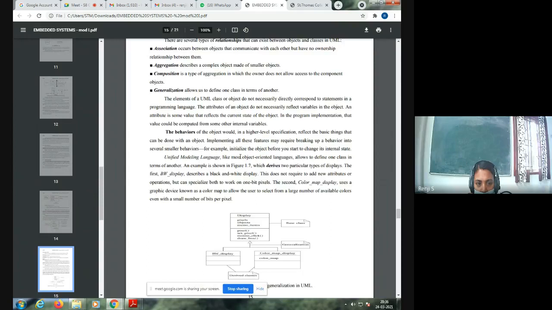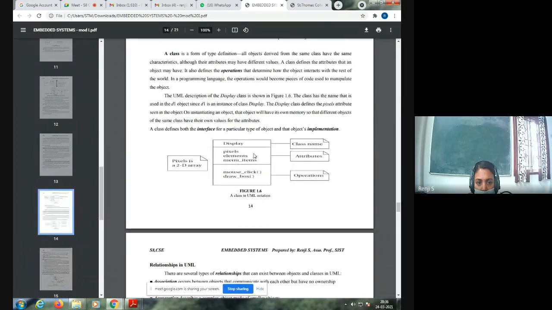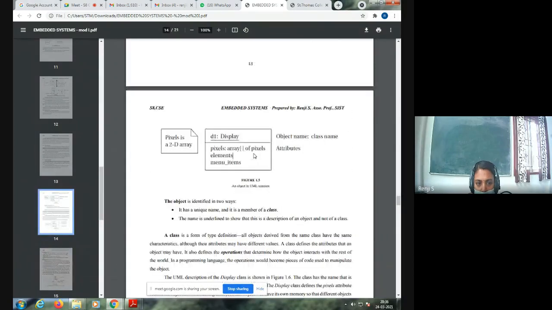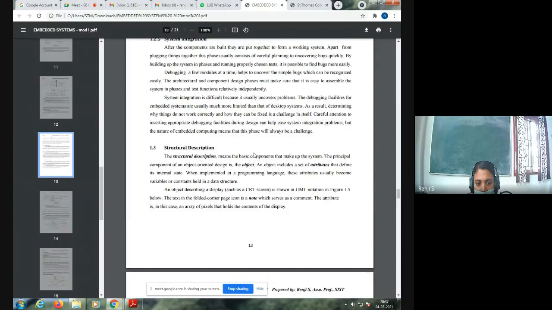To describe the structure as well as the behavior of a system, you need certain notations which are universally accepted by all developers. We cannot follow independent descriptions, because if I describe the system in one way, the others involved in the development of the system will not understand the notations used by me.